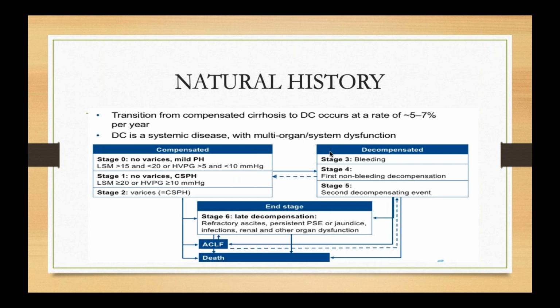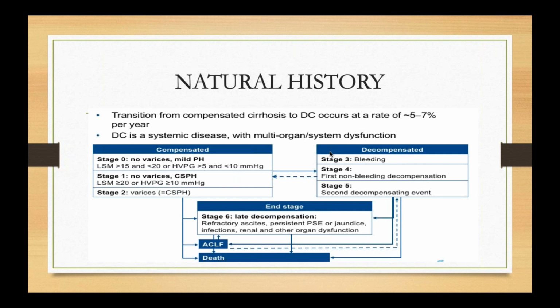All these complications are known as decompensation. The patient has bled, an upper GI bleed has occurred. Decompensation means other than the liver, other organs are also affected.